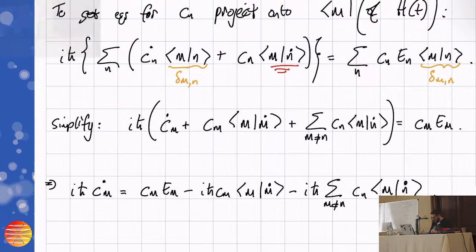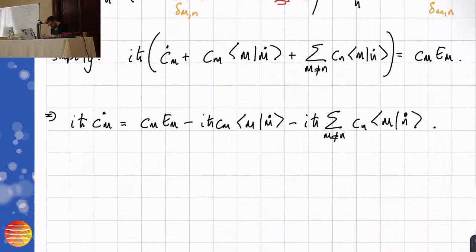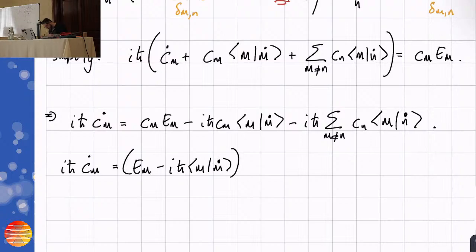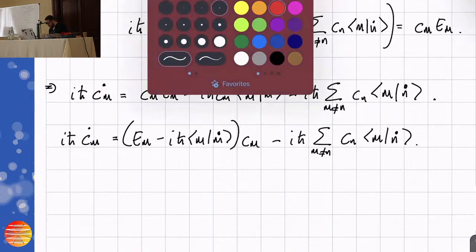And if I just factorize out that c_m, so I have i h bar c_m dot is equal to, well, (e_m minus i h bar <m|m dot>) c_m minus this i h bar, this awkward term, this term with the sum over n not equal to m of c_n <m|n dot>. And this is our important guy. This is what I'm going to call equation 3.